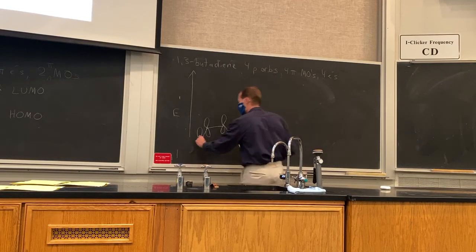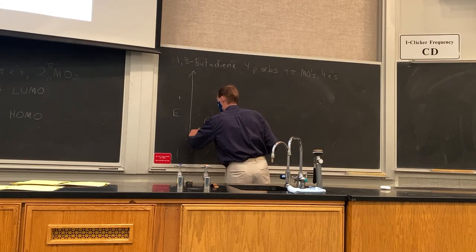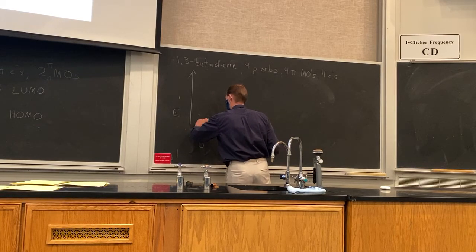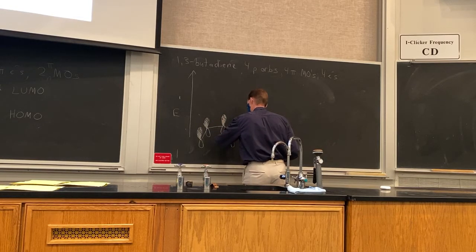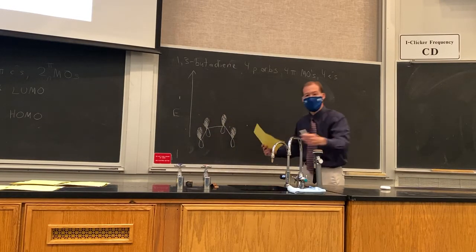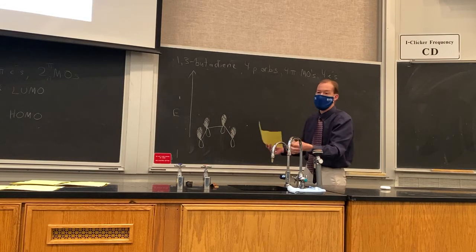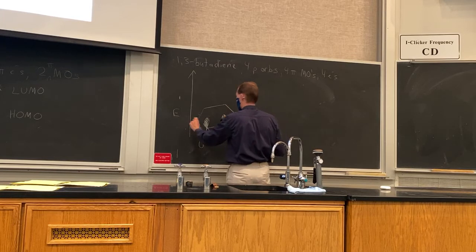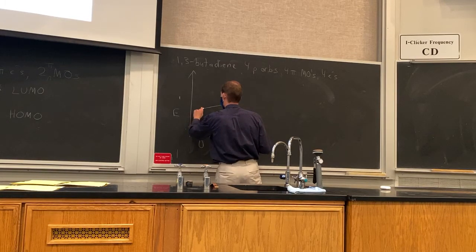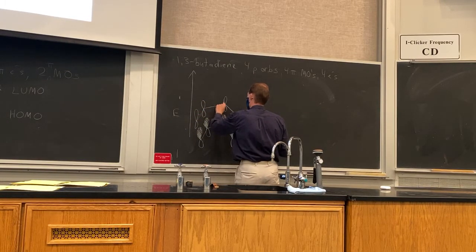So our lowest energy pi molecular orbital will have 0 nodes. So I'm going to shade the top lobes of all of these p orbitals. There's no change in sign as we go from one end to the other. I have to draw these a little smaller maybe to fit 4 of them on the board here.